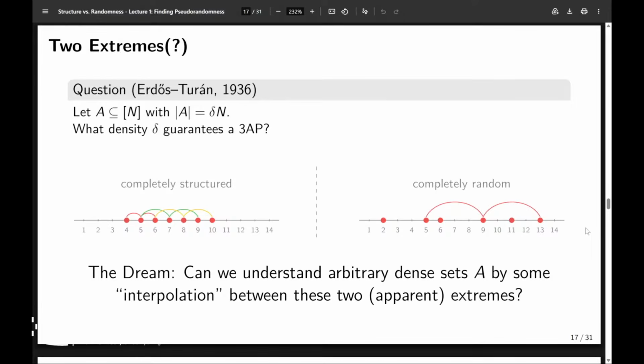It's actually not true that these are the most extreme cases. The worst numerical case for this question by Erdős and Turán is somewhere pretty squarely in the middle, some geometric construction due to Behrend. But somehow, even still, the structure of the actual argument that we're going to look at does accomplish this. That's the qualitative way that we're going to prove the theorem, get some bound on delta and find a 3 AP.